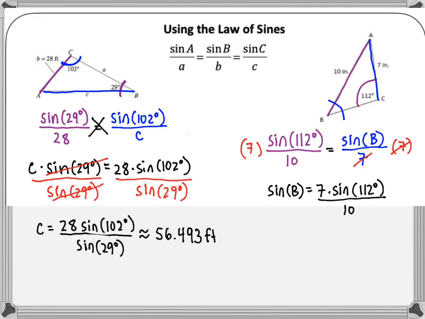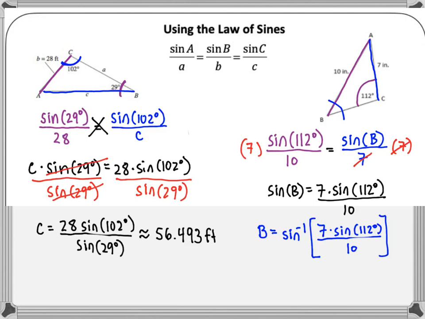Now, it seems like we want to immediately put this right-hand side into our calculator. But for accuracy purposes, I encourage you to leave it. If we're solving for an angle, we're going to say that angle B equals the inverse sine, like we practiced in previous sections, of this guy right here over 10.